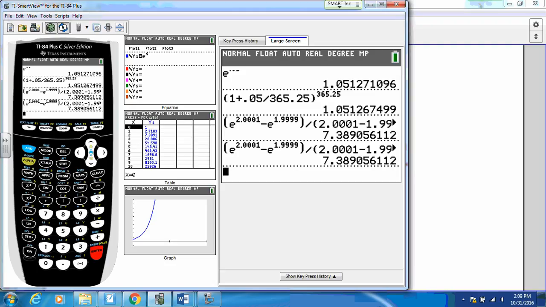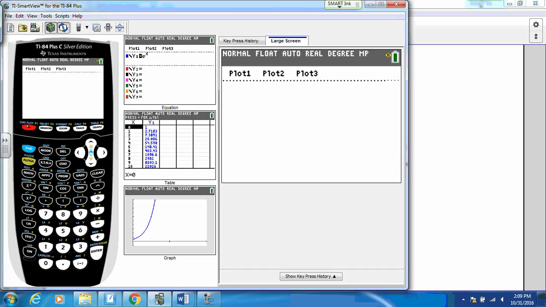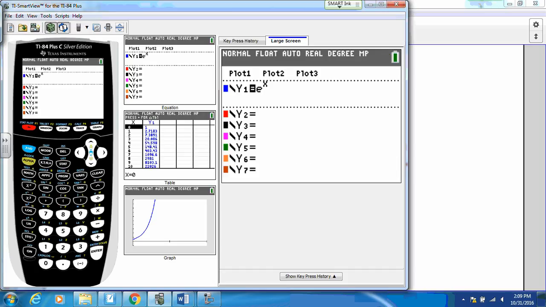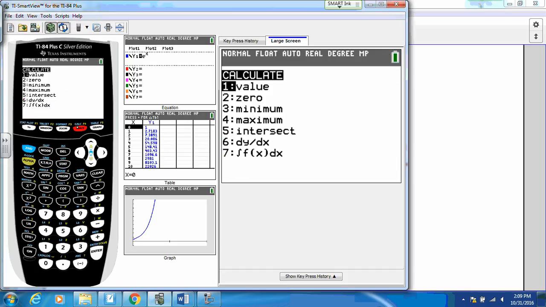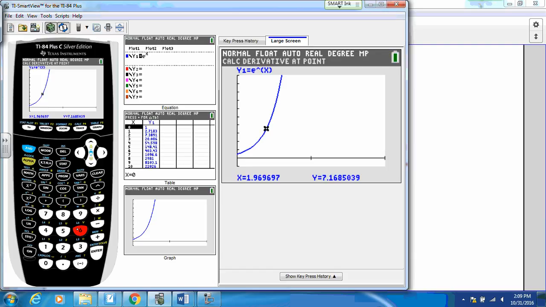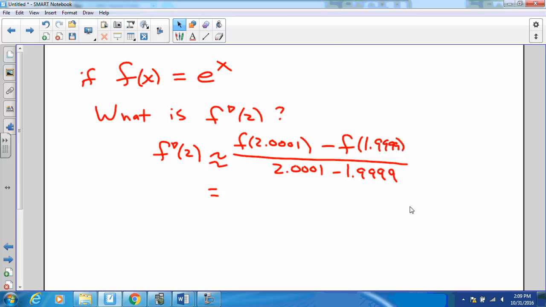And when I hit enter, I get a value for the derivative, 7.3891. And if I want to check that, then I can let y equal e to the x and use second calc dy/dx to find the derivative at x equals 2. And lo and behold, it gives me the same value, 7.3891, which is really nice.